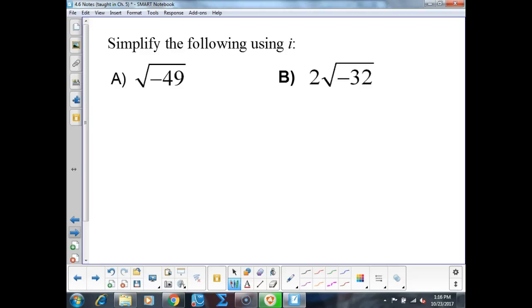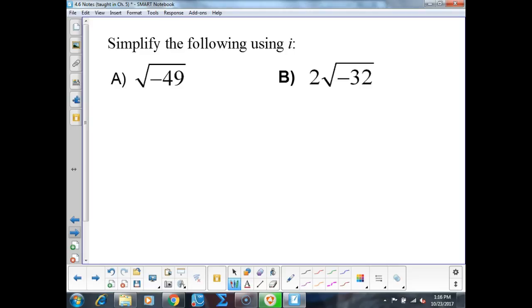Because it just doesn't work. There's not one single solitary number that I can multiply by itself and get negative 49. Because a negative times a negative is a positive, a positive times a positive is a positive, and a negative times a positive means I'm not multiplying by the same number.